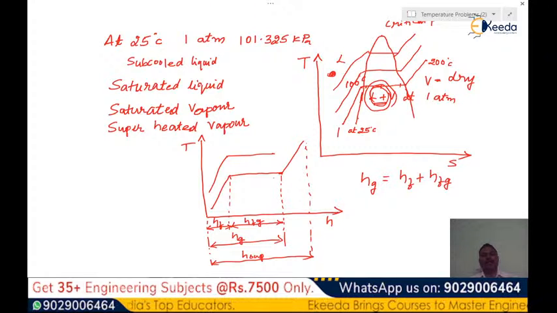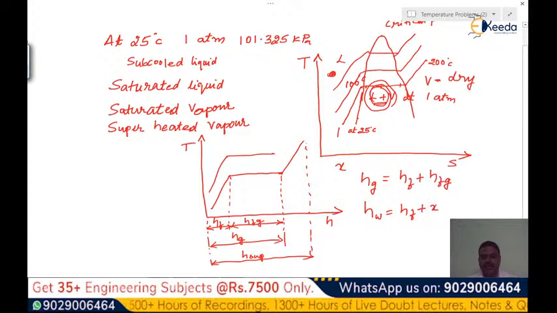The dryness fraction is the fraction, the amount of vapor present in the wet steam. That is usually denoted by X. So in that case, the enthalpy of wet steam will be HF plus X into HFG.